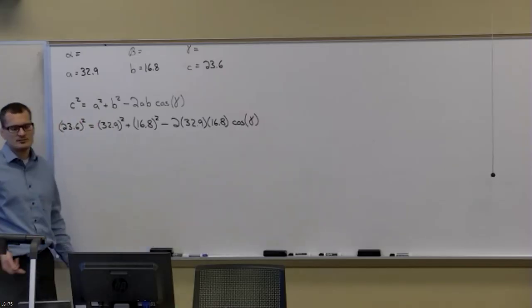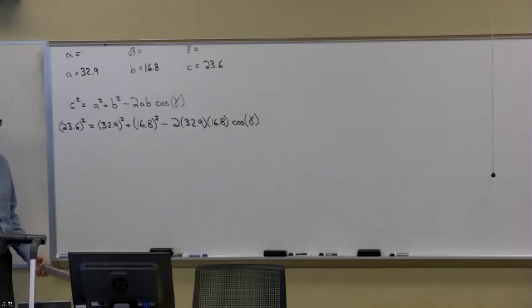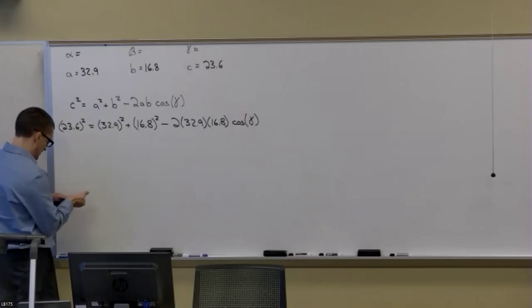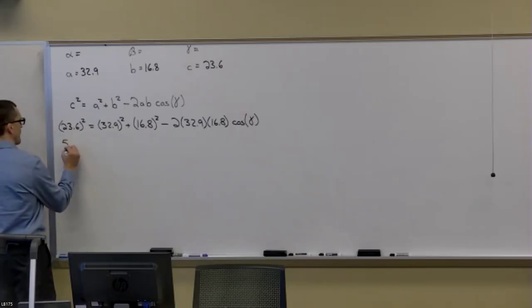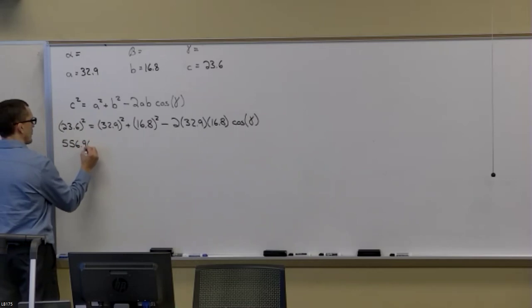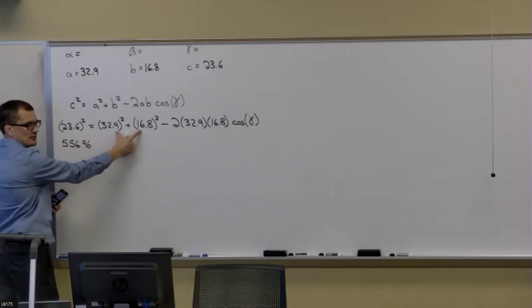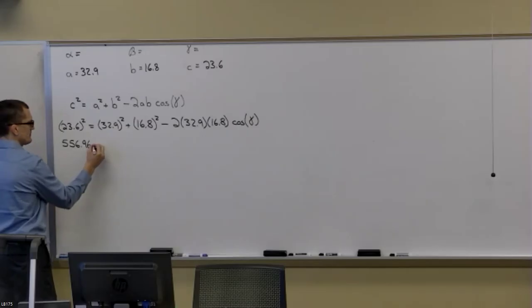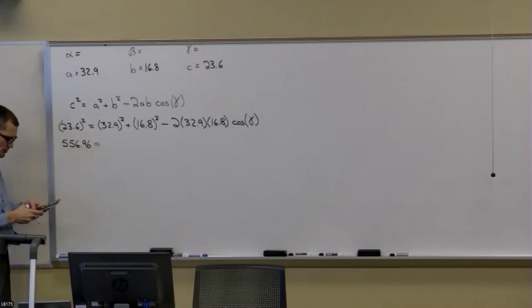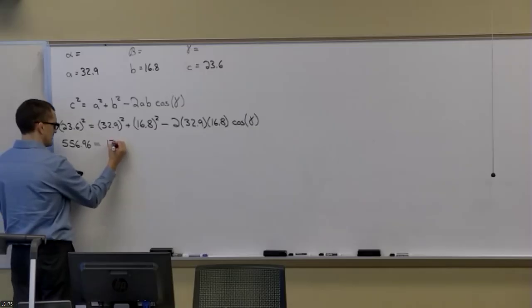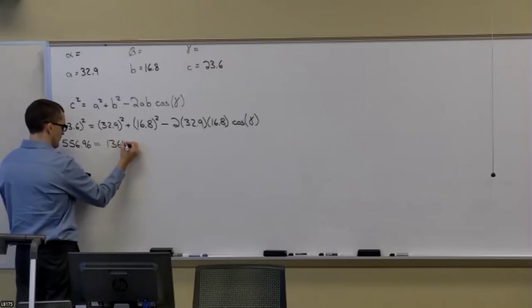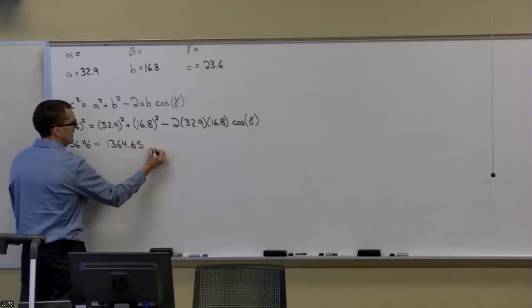Now there's a lot of numbers, but they aren't just numbers over here. So 23.6 squared, 556.96. I'm going to combine these two values. 32.9 squared plus 16.8 squared is 1364.65.